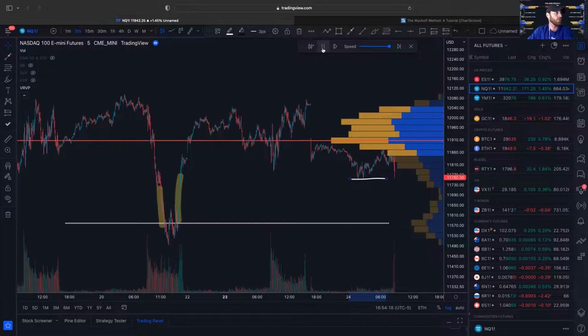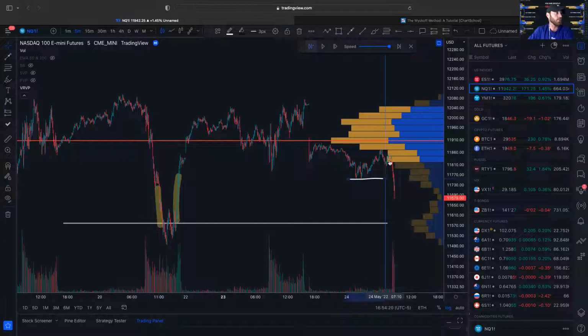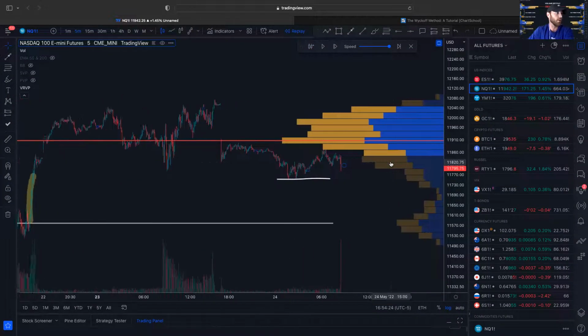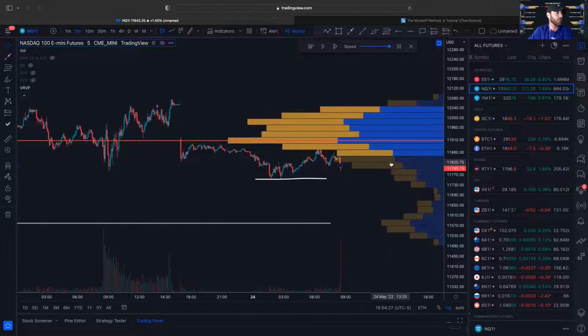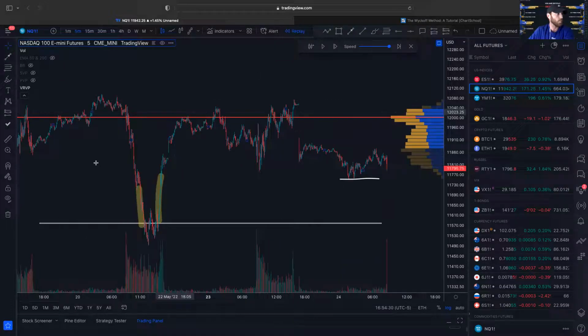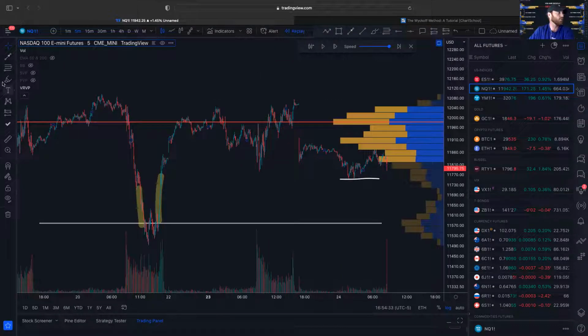So when we got, hold on, I'm giving it away, but it already happened anyway, and we played it live, right? So just remember that this is our area of low volume, basically.